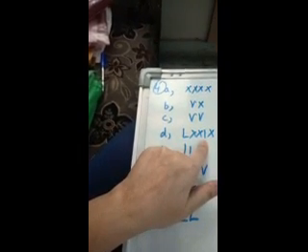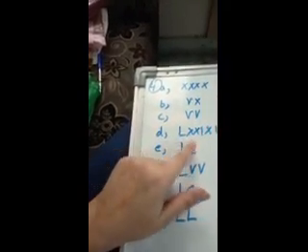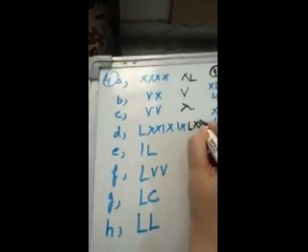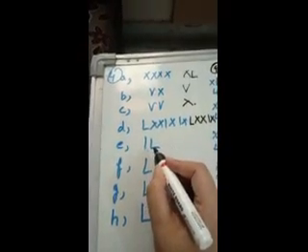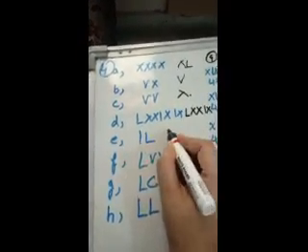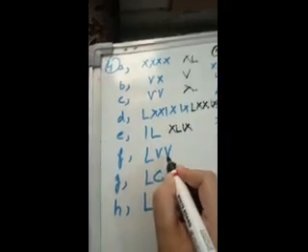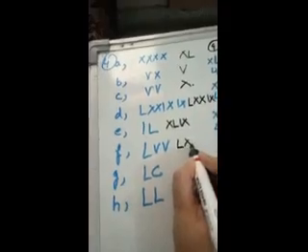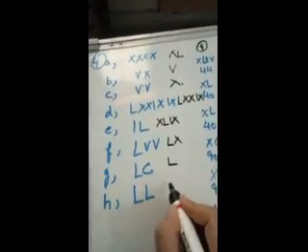So here we will be writing the correct number, that is 50 plus 20, 70 plus 9, 79. IL is 49, 40 plus 9. 50 plus 5 plus 5, 60. 100 minus 50, 50. 50 plus 50, 100.